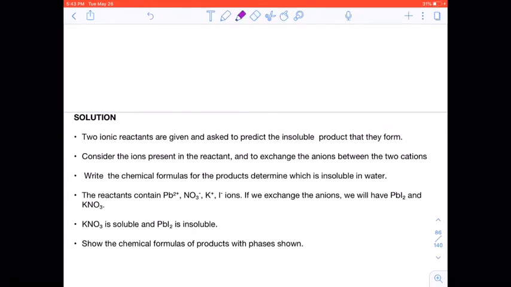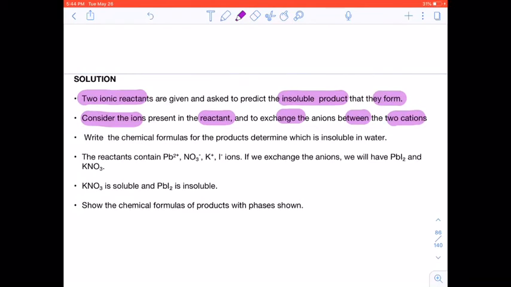We have two ionic reactants given, and we are asked to predict the insoluble product that they form. We consider the ions present in the reactants and exchange the anions between the two cations. And we need to write a chemical formula for the products and determine which is insoluble in water.